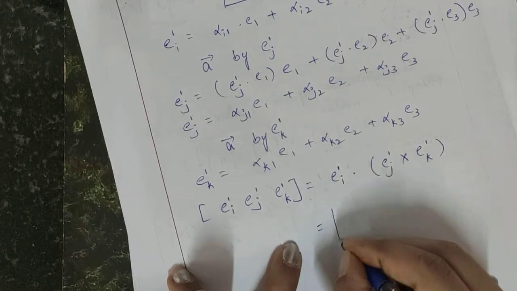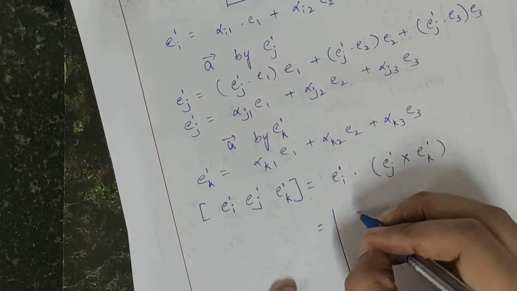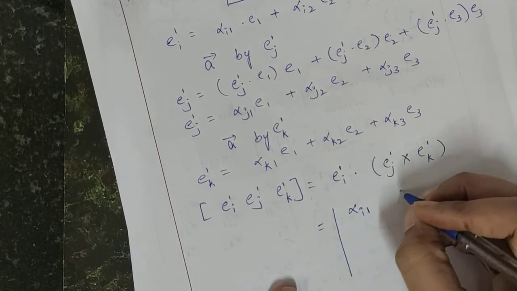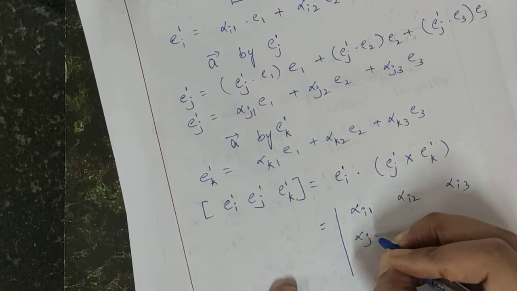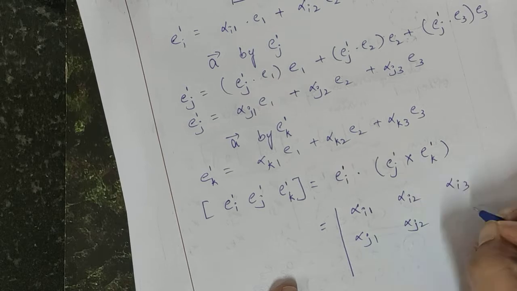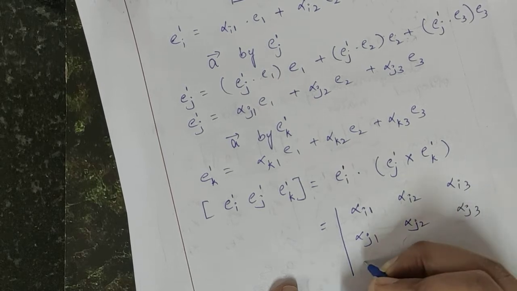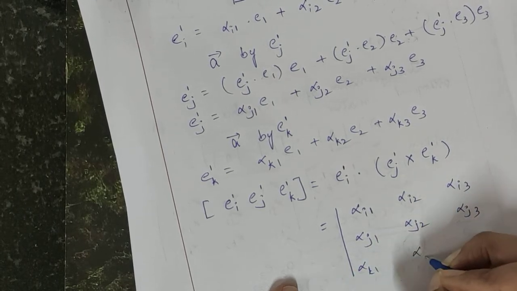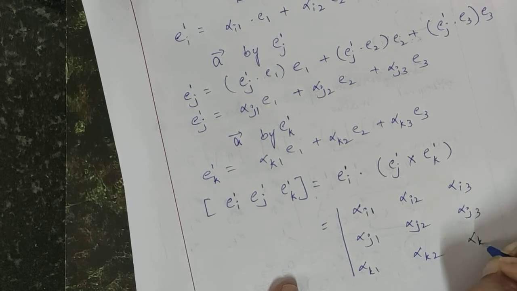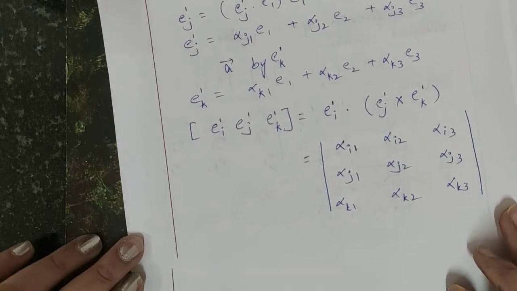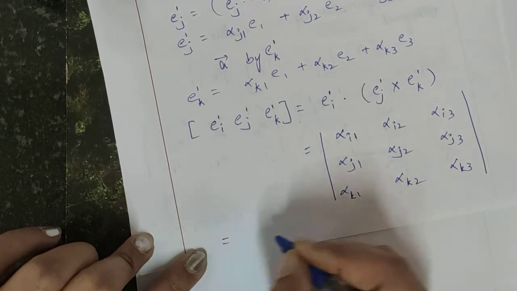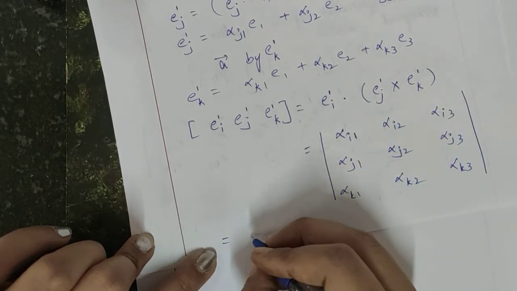So now if you write it in a determinant form, this is nothing but alpha I1, alpha I2, alpha I3, alpha J1, alpha J2, alpha J3, alpha K1, alpha K2, alpha K3. So for your convenience, if you want, you can try this.